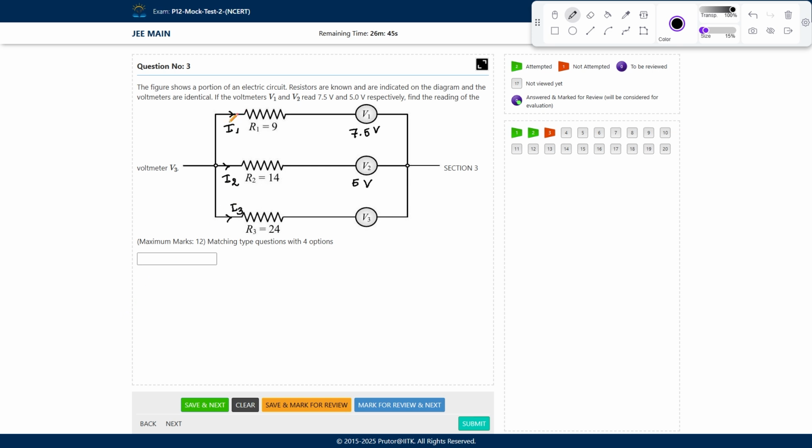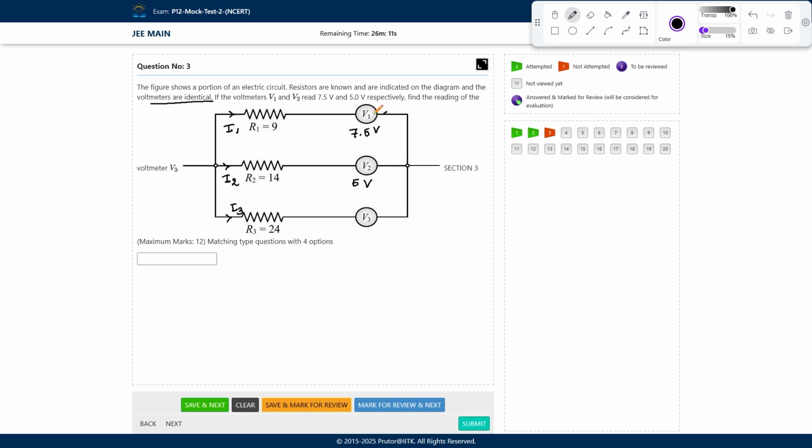Since resistor R1 and V1 are in series, the current I1 will be the same for both components. Similarly, I2 will be the same for resistor and voltmeter, and I3 will also be the same for both R3 and V3. Now let the resistance of the voltmeters be R, because all the voltmeters are identical, as given in the question.